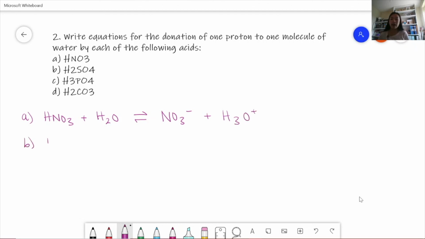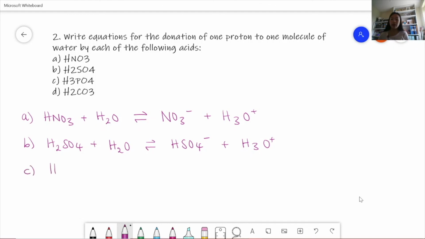And then for B, we have sulfuric acid, and this reacts with water. And this forms the HSO4 minus ion plus H3O plus, because what we're doing is donating one of the protons from the acid to the water. And so the hydroxonium ion is always formed.